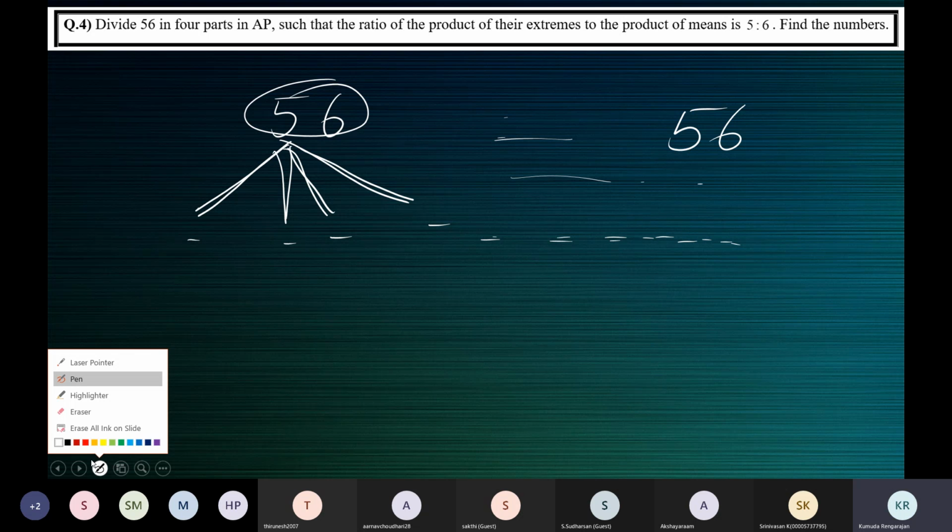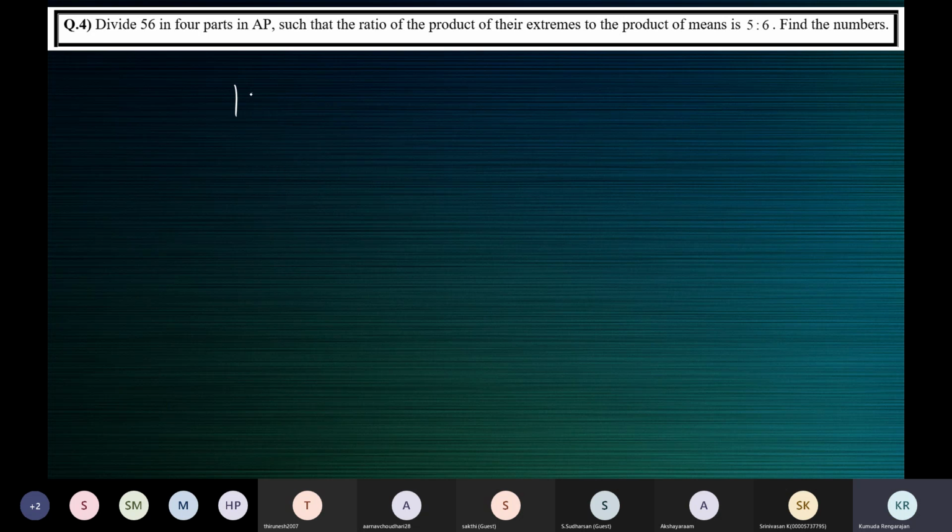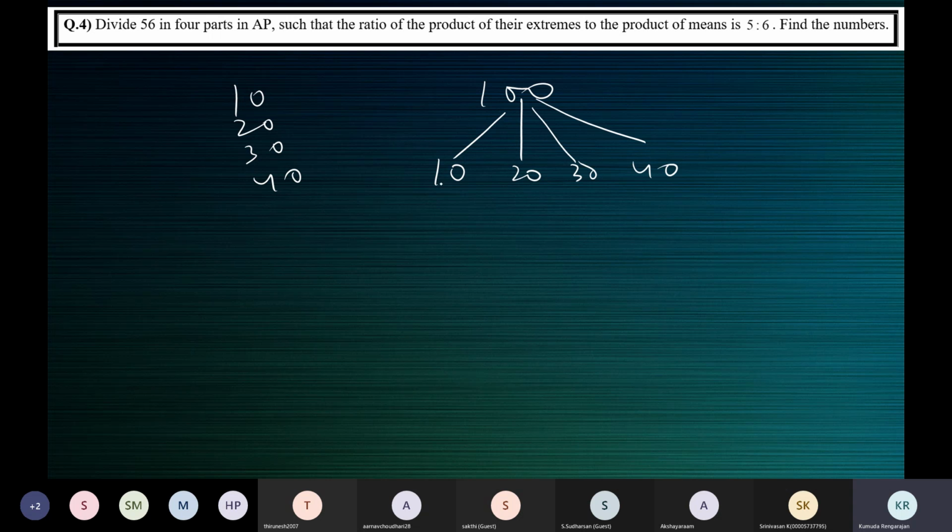Supposing I say divide 100 into 4 parts so that they are in AP: one part is 10, the other 20, the other 30, the other 40. That's all. These are the only 4 numbers in AP.